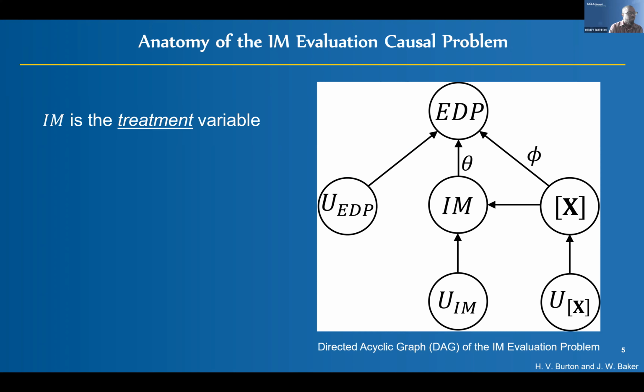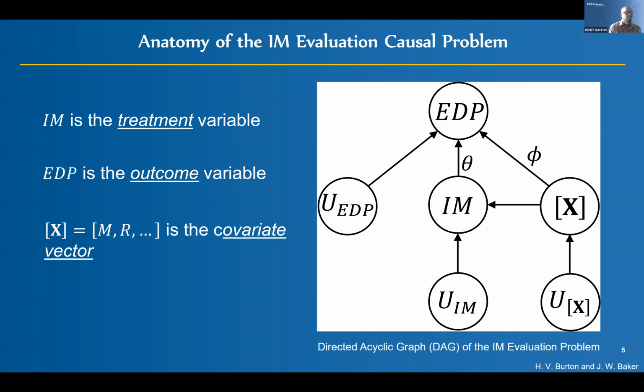The first variable is the IM, which in the language of causal inference is defined as the treatment. There's also the EDP, which again, using causal inference language, is the outcome variable. There's also the vector X, which represents the set of upstream parameters. In this study, the earthquake magnitude and source to site distance are the two considered upstream parameters.